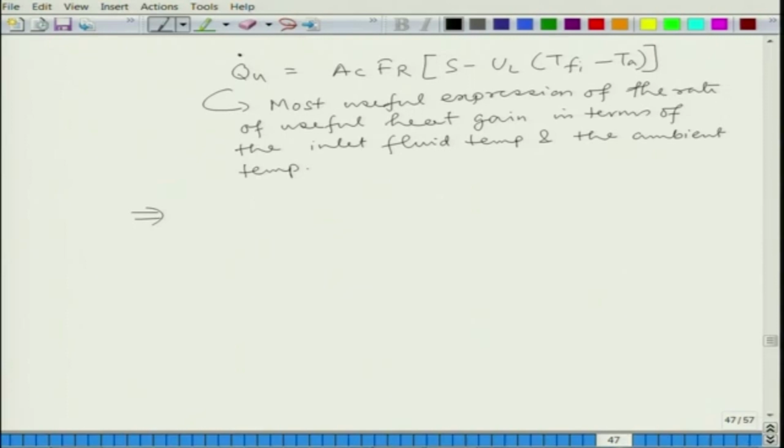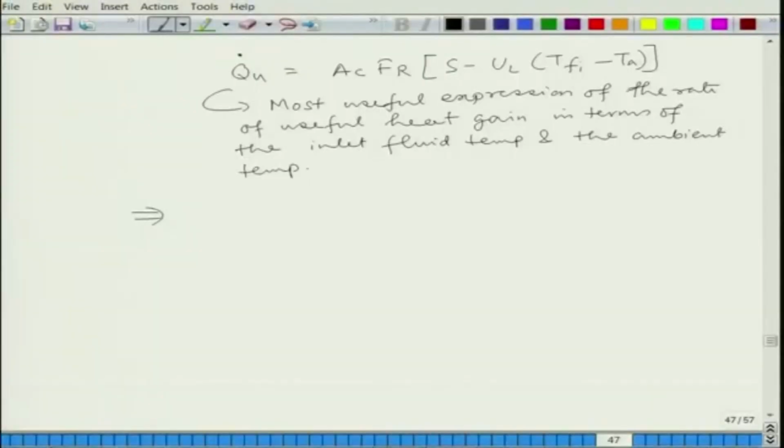So, that effectiveness relates the actual heat transfer to the maximum possible heat transfer, right. That is the effectiveness quantity you have seen. So, here also, at the start only I have told you that a solar flat plate collector is nothing but a heat exchanger, but a little bit complicated heat exchanger, where most of the parameters are unknown, and that is why all this complicated formulation is required to analyze it properly.